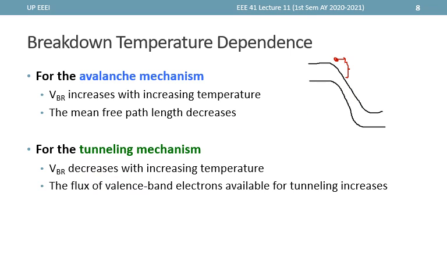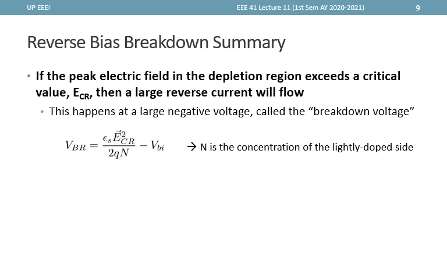So to summarize our reverse bias breakdown discussion, if the peak electric field in the depletion region exceeds a critical value ECR, then a large reverse current will start flowing, and this happens at a large negative applied voltage, called the breakdown voltage.